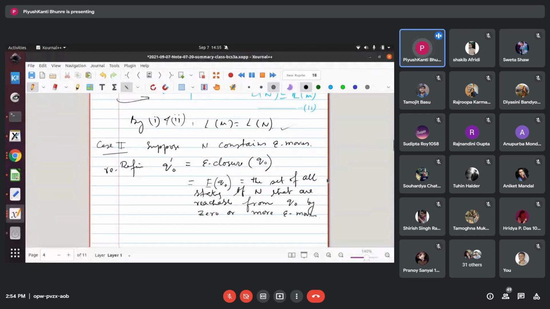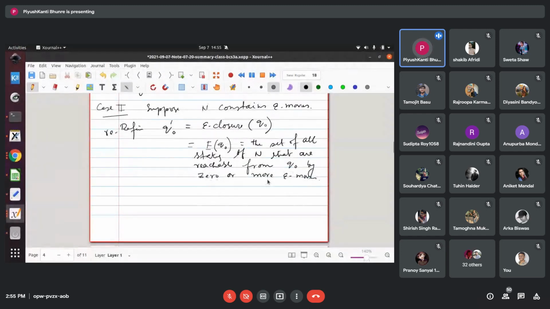Okay. So this is the ultimate definition of the start state. So based on the NFA, you can have Q0 prime as a different set. And now we also define our delta prime of R, a.